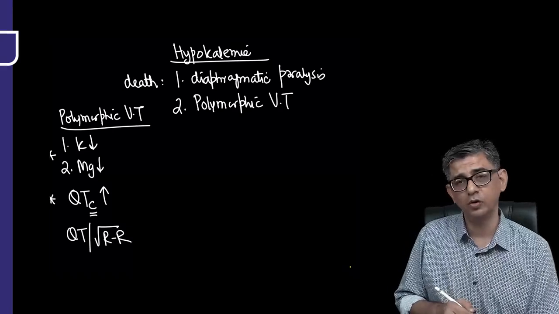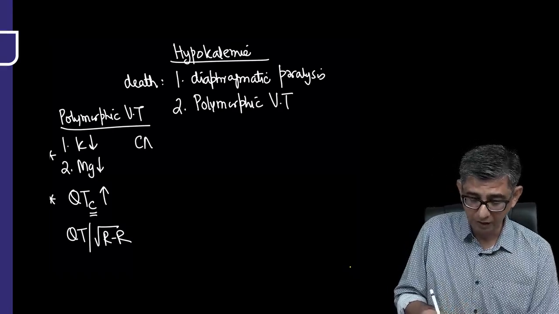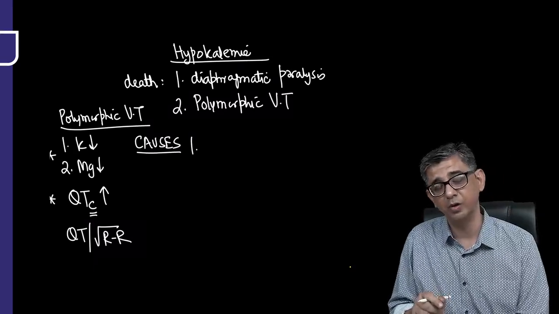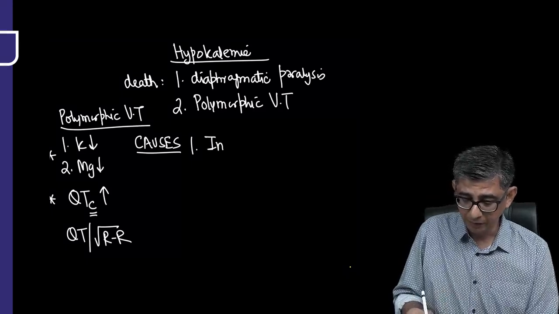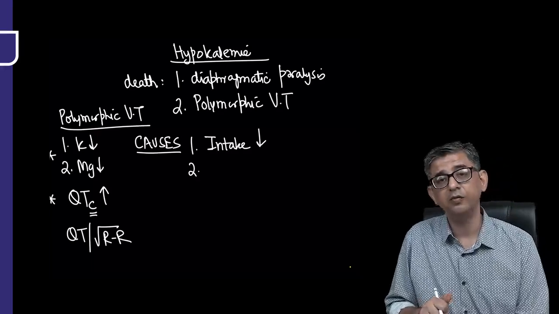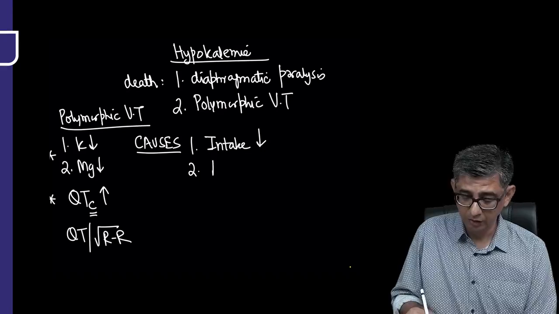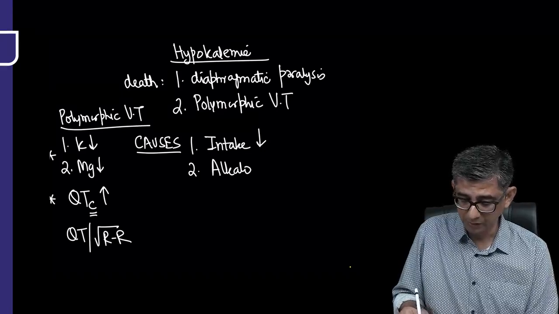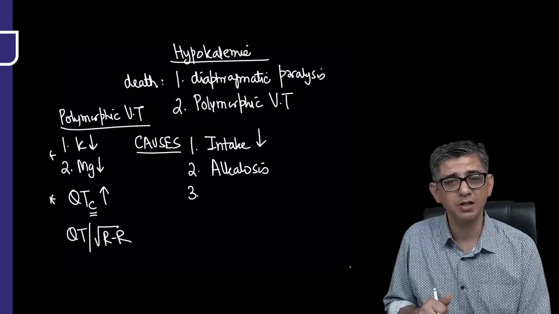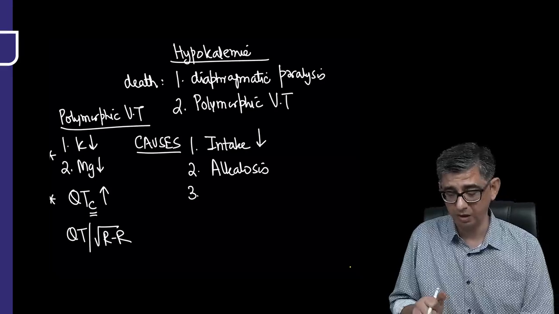And once we get the causes of death right, then we need to obviously elaborate why hypokalemia would be occurring in a patient. So let's look at the first important reason, which would be dietary, that the intake of potassium in the person is lesser. And if intake is not a cause, then the next cause to be remembered by you from the exam perspective is metabolic alkalosis. I've already told you that the pH and potassium have an inverse relation, which is why you can work it out.